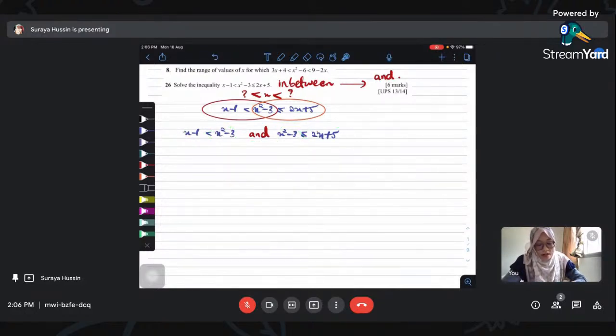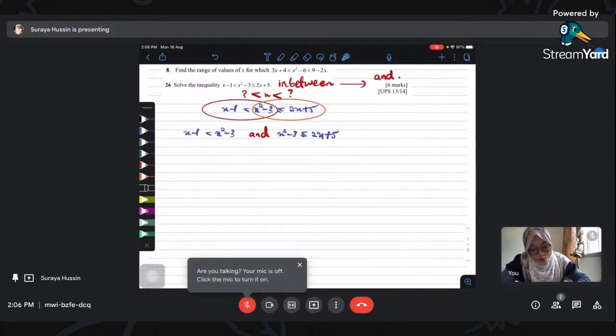Okay, this is what we call the concept of absolute value sebenarnya, tapi dia tidaklah absolute di sini. Absolute 2.3 akan saya ajar kamu pada hari Jumaat nanti. Alright, so just ikut sahaja konsep ini. When you see in between, just hafal dulu, okay? Hafal dulu ya, sebabnya nanti saya akan ajar kemudian.